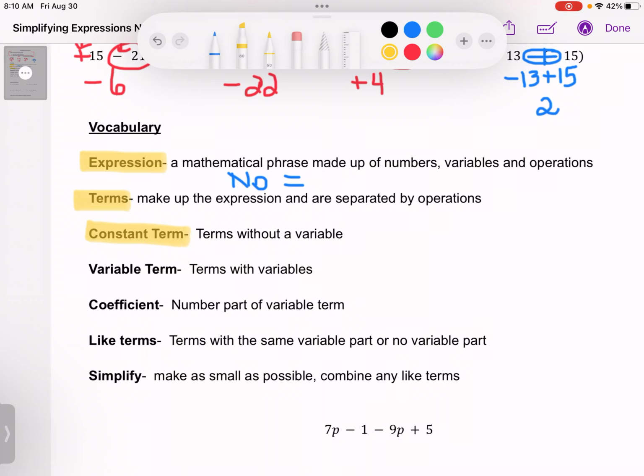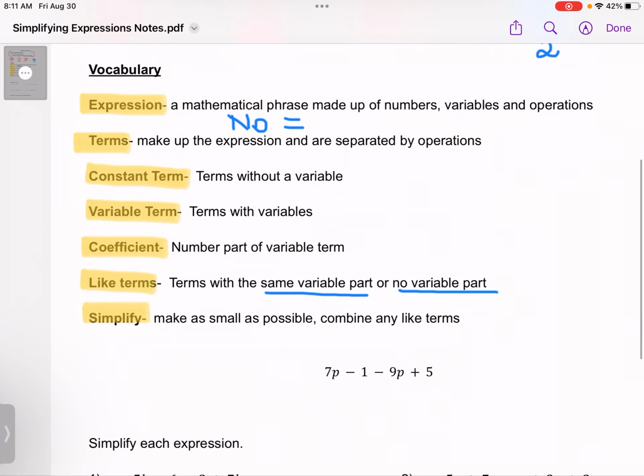We have constant terms, terms without a variable. We have variable terms, terms with variables. And I'm going to show you all of these things in the example below. We have a coefficient. We have like terms, which are terms with the same variable part or no variable part. And then I wanted to make sure we knew what the word simplified means. It means make it as small as possible, combine any like terms.